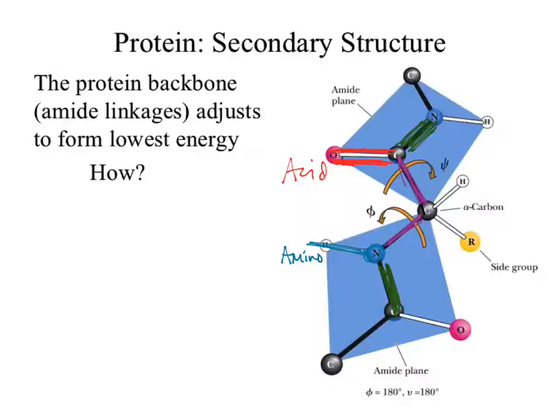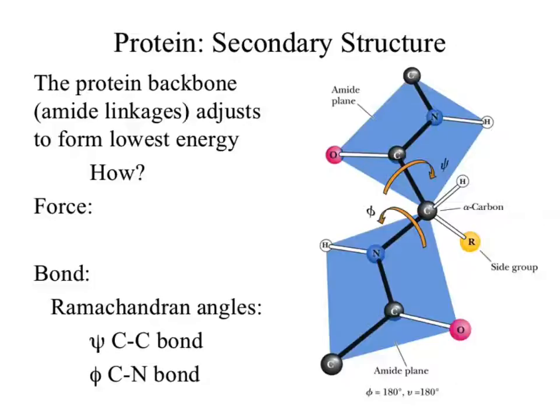Okay? The angle at which we rotate that then gets specified as some special term, because that rotation or that angle changes our overall structure. And that's where we get that psi and, I guess we decided theta. Those are known as your Ramachandran angles, named after Ramachandran, because he was the one that went through and said, hey, these angles are important.